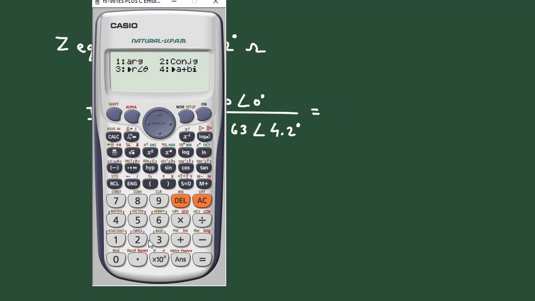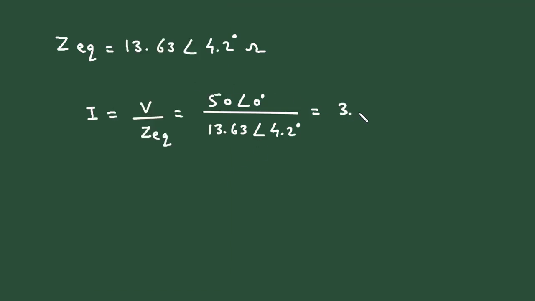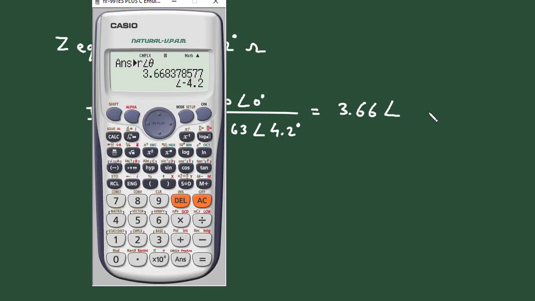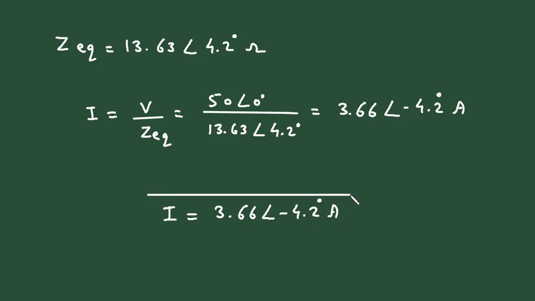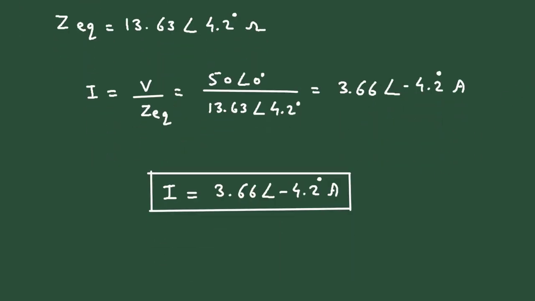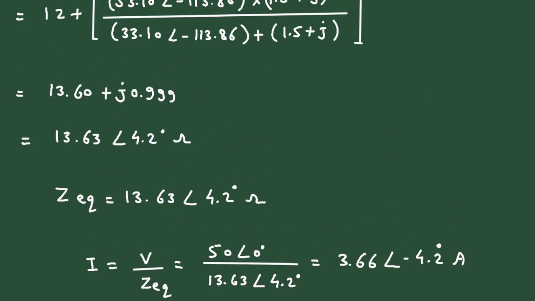Shift 2 and 3. So it is 3.66 at an angle minus 4.2, and since it is current, its unit will be ampere. Therefore current I is equal to 3.66 at an angle minus 4.2 degree ampere. So this is the answer for current in phasor domain format or in the frequency domain.